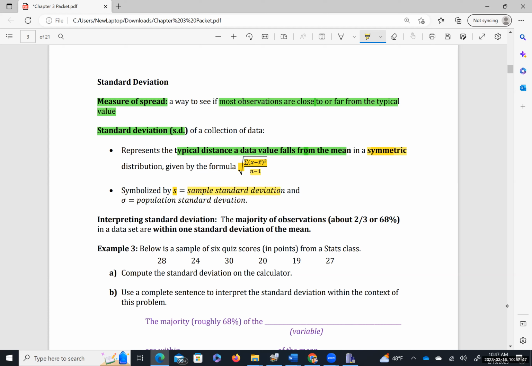For populations, you will use sigma. In this chapter, we focus on using the sample only, and later we're going to use population standard deviation.